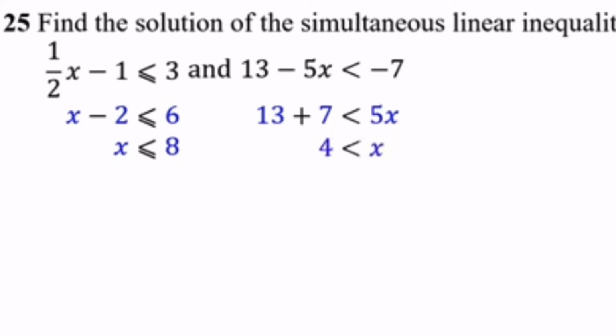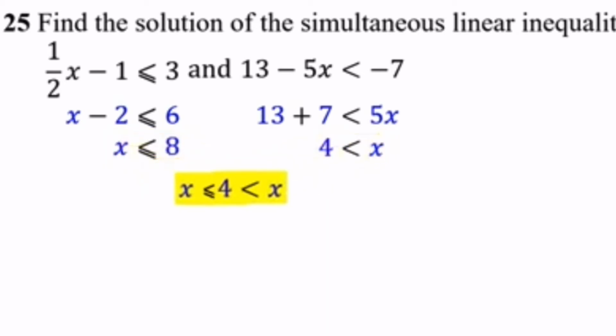If you don't want to bring it to the other side, that means you will remain as negative 5x less than negative 7 minus 13, so you need to reverse the sign because you have to divide by a negative number, so you have to reverse the inequality sign. I think the safer way is you bring the 5x to the right, so you don't have to reverse the inequality sign, so the x will be read as more than 4.